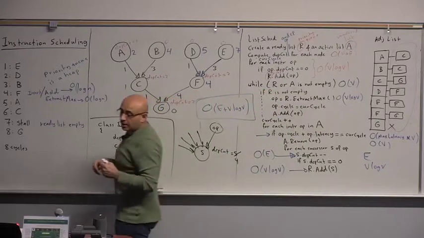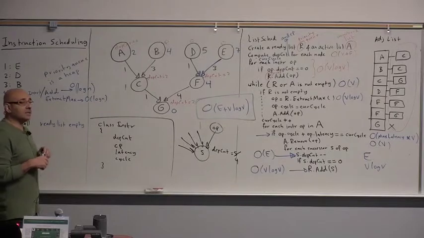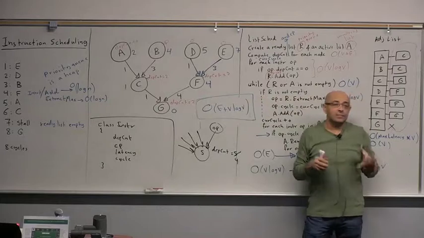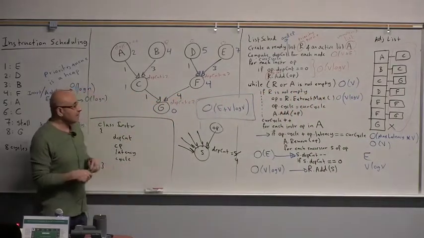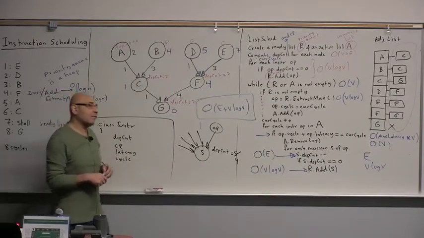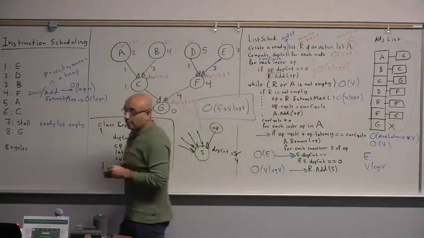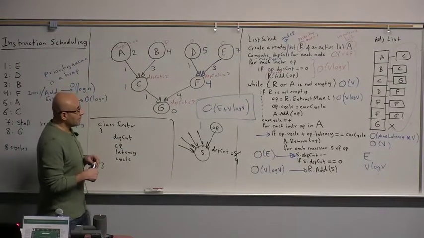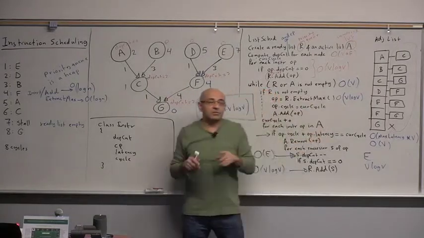So I wanted to go through all of these algorithmic details because the point I'm trying to make is that a compiler is a program that consists of a number of algorithms, and these algorithms have to be efficient in order for the compiler to compile the code within reasonable time. Algorithms are the foundation of computer science.